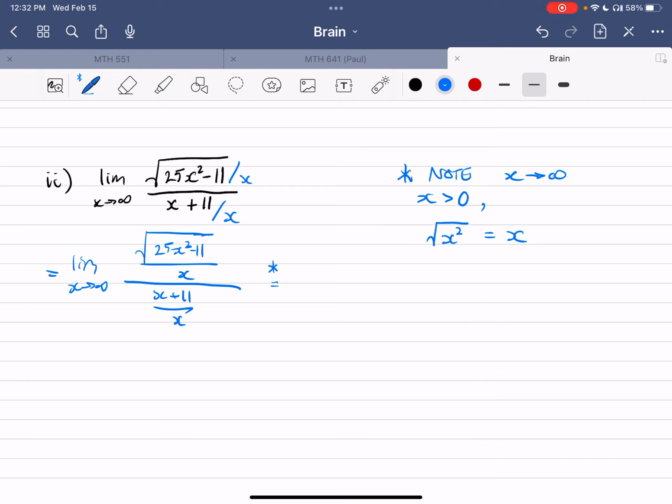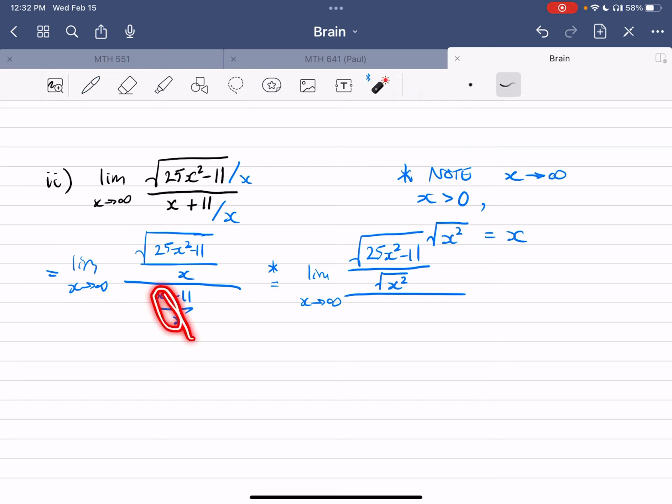So using that note, I'm going to replace this x down here with the square root of x squared. So we get the limit as x goes to infinity, square root of 25x squared minus 11, divided by the square root of x squared, divided by 1 plus 11 over x.